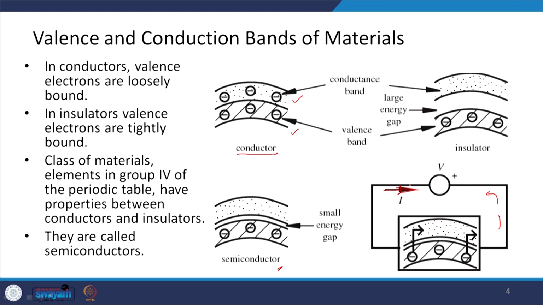As I was telling you about semiconductors basically, these are actually a class of elements in group 4 of the periodic table, which have properties between conductor and insulator. Since their properties are between conductor and insulator, they are called semiconductors. Ideally you can identify them by a very small energy gap.